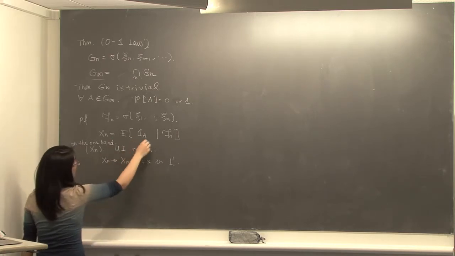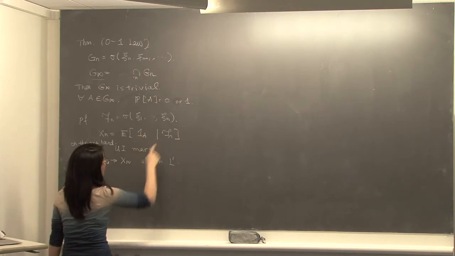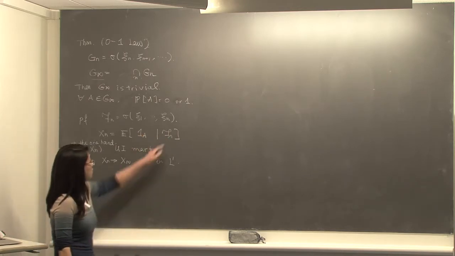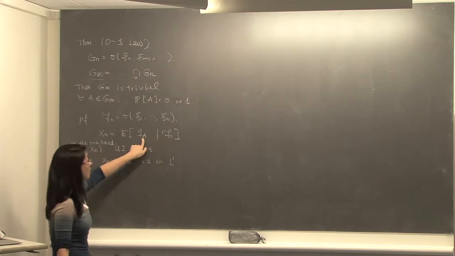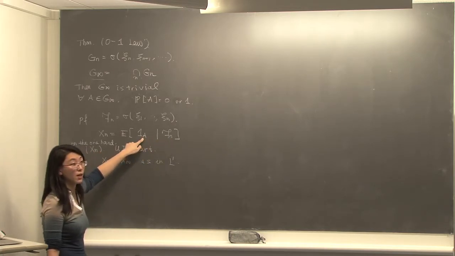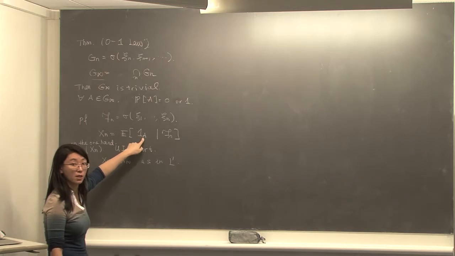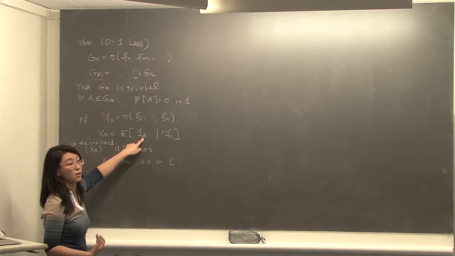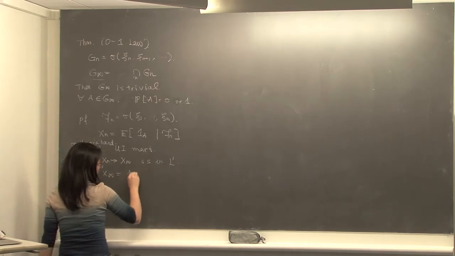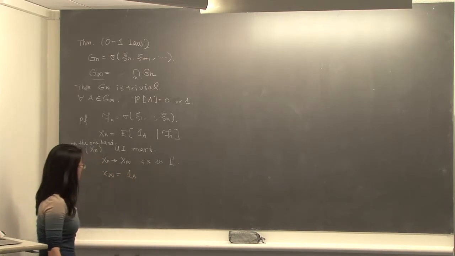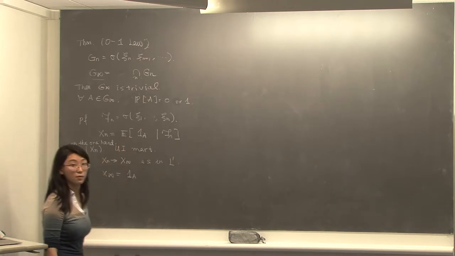Xn is the conditional expectation of A given Fn. And as n goes to infinity, this Fn will increase to all the information we have. So of course, all the information F infinity already gives us the information of A. So then the conditional expectation will just become the function itself. So this tells us X infinity equals the indicator function of A.